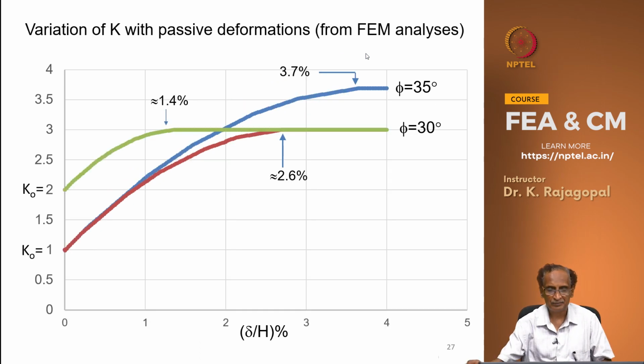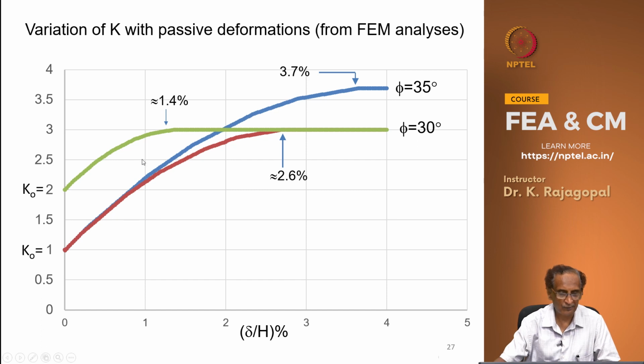And here we see the effect of the K naught. This green line is corresponding to 30 degrees friction angle, and this red line is also corresponding to 30 degrees friction angle. With a K naught of 1, we have seen earlier that you require almost 2.6% of the wall height deformation to reach the Kp state.